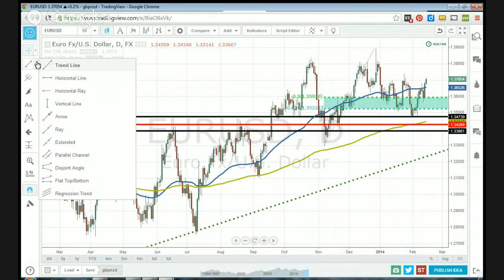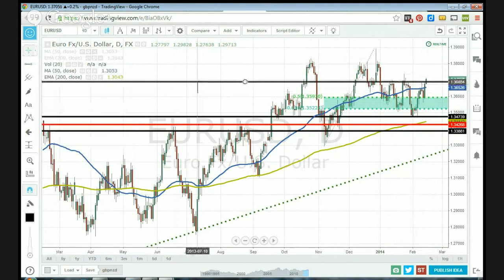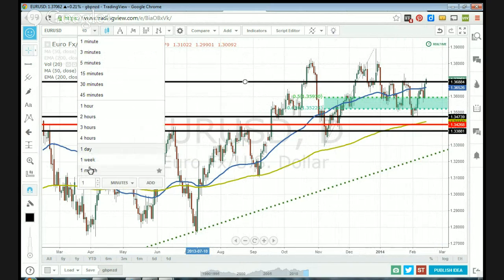Go back to the horizontal lines. So you can make a case that the market has broken above this resistance level here. And this was something else that we looked at, if you look at the monthly chart.